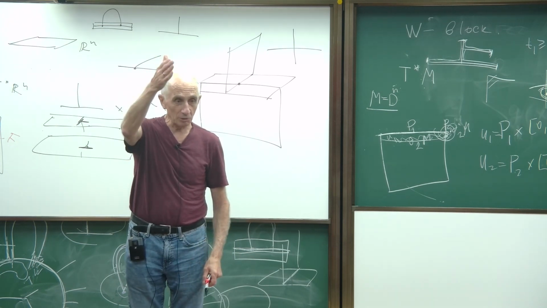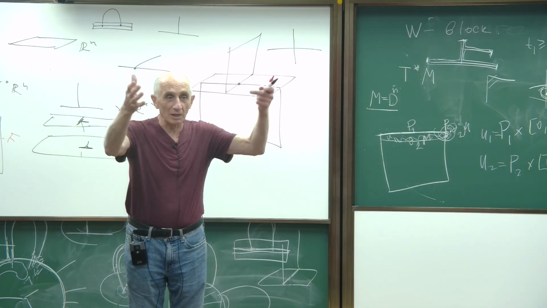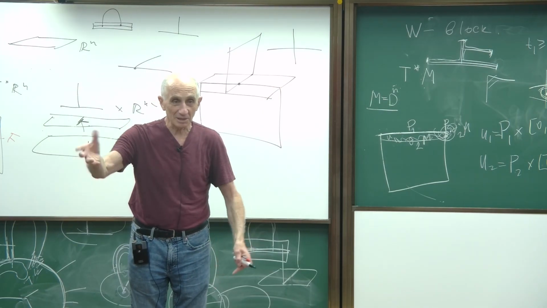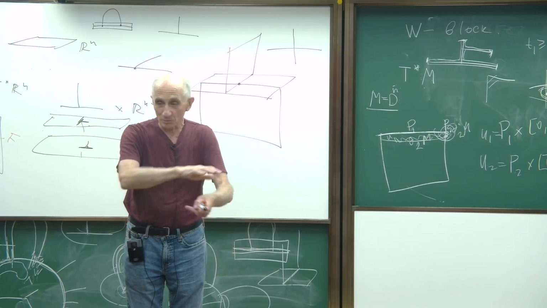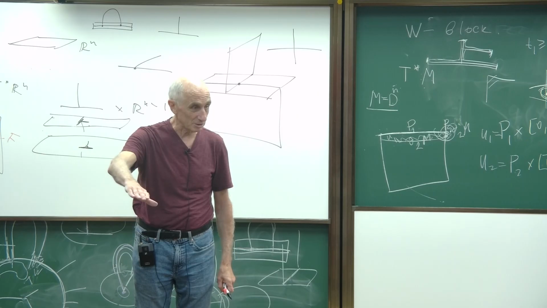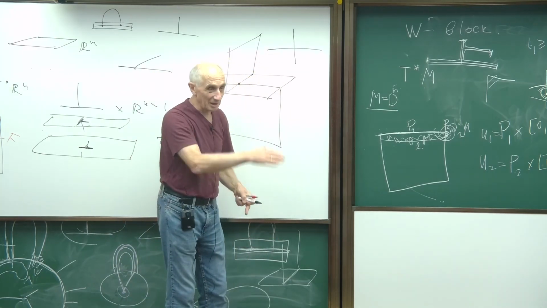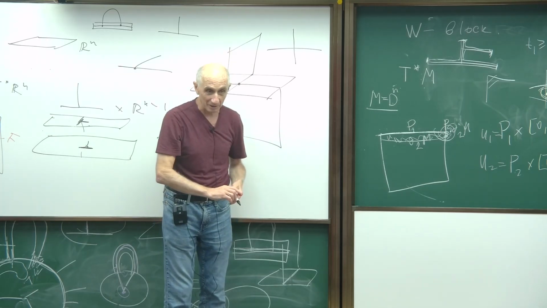Any 2 Lagrangian planes give you kind of a coordinate system. By symplectic isomorphism, you can take any 2 transverse Lagrangian planes to any 2 others.